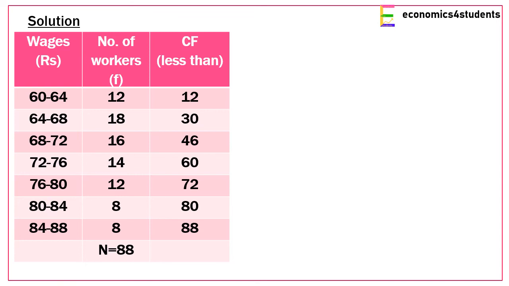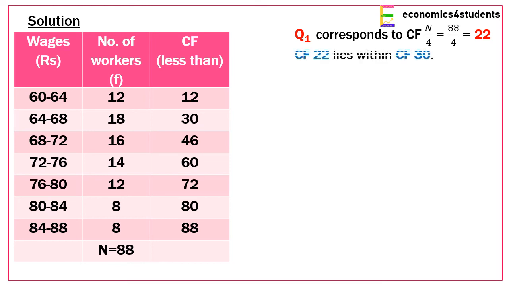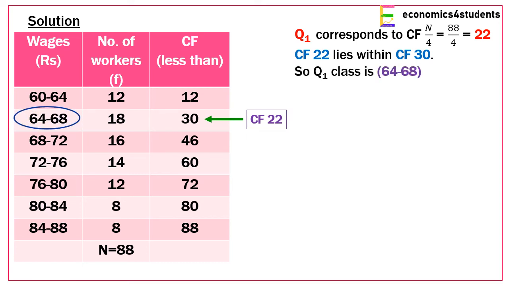In the case of continuous data, Q1 corresponds to cumulative frequency n by 4, which is equal to 22. Here cumulative frequency 22 lies within cumulative frequency 30. So the Q1 class is 64 to 68. Here L is equal to 64, CF is equal to 12, f is equal to 18, I is equal to 68 minus 64, which is 4.